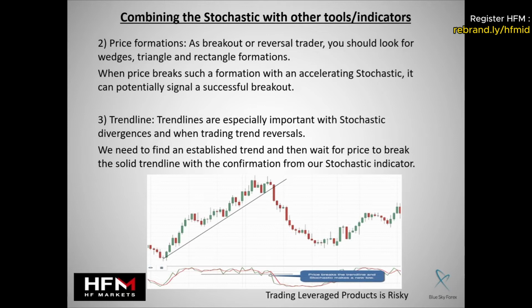And of course, coming back to trend lines, they are especially important if you want to spot and identify divergences, and when trading trend reversals as well. Trend lines have been and will be very useful in all kinds of trading, not only to spot divergences but for overall price chart analysis.